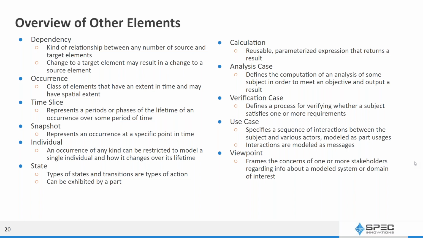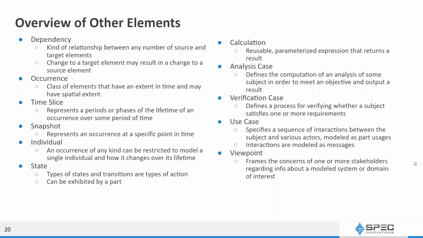So time slice and snapshot are also new concepts to V2. So time slice represents a period or phase of a lifetime for an occurrence over some period of time. So it could be from time A to time B, and that's what the system looks like. Then for a snapshot, it represents an occurrence at a specific point in time.